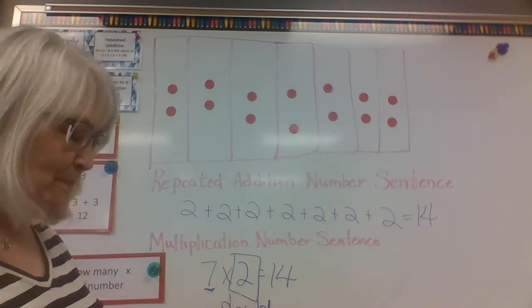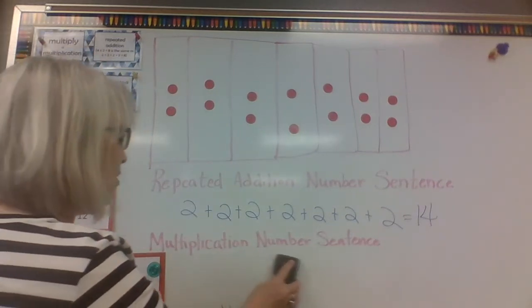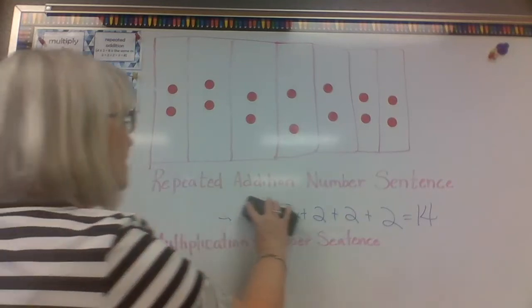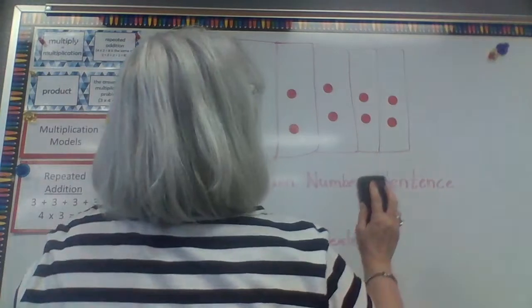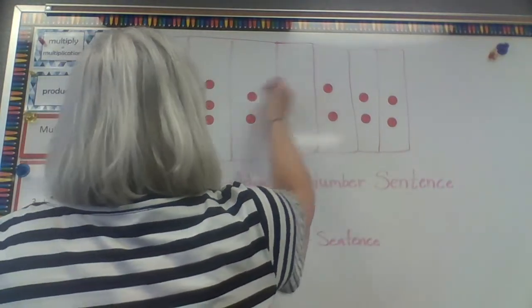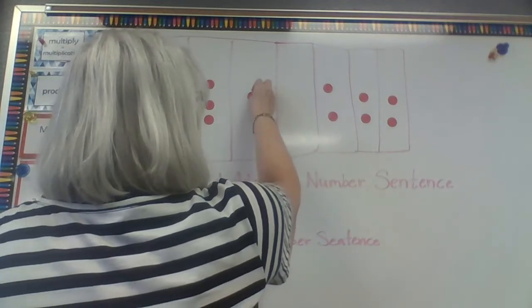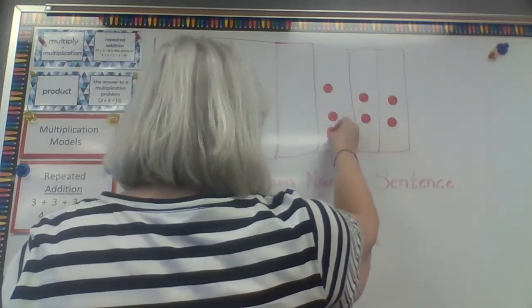All right, now, I want you to stay with me for just a minute because I want to show you something special about multiplication. Okay, so I am going to do this.